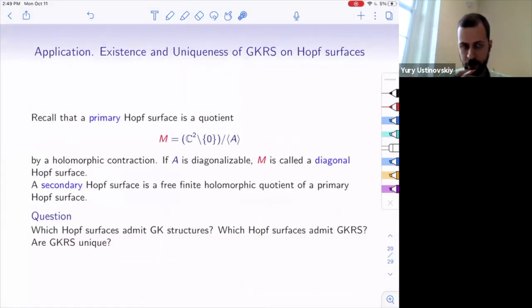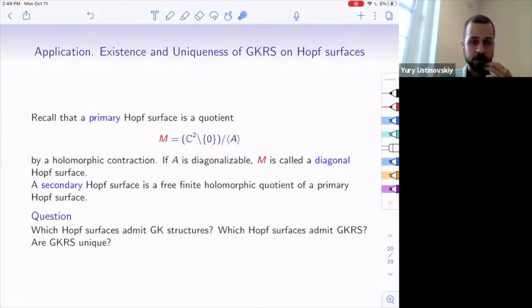So let's move on. Yeah, I took a bit more time than I intended to, but let me discuss one specific application which we have of all this theory, which in itself is a nice conclusive result about existence of generalized Kähler structures and solitons on surfaces.